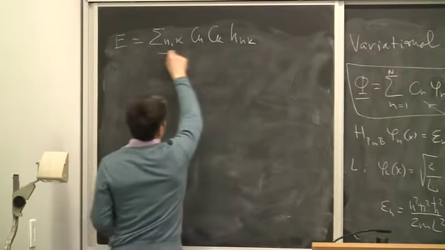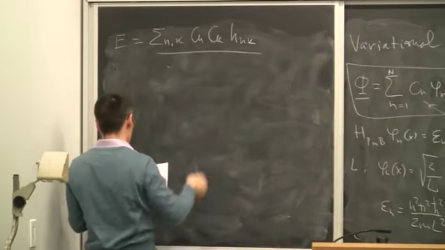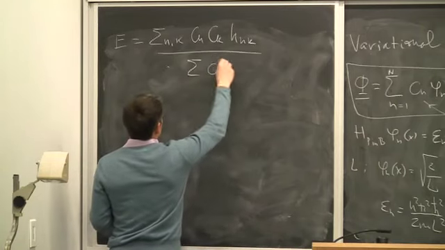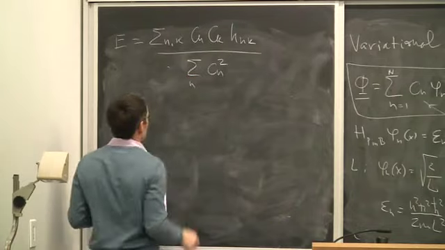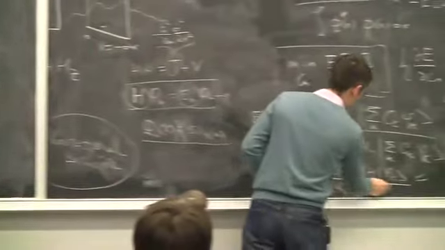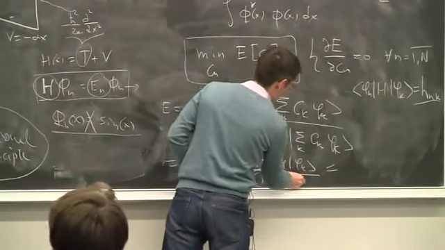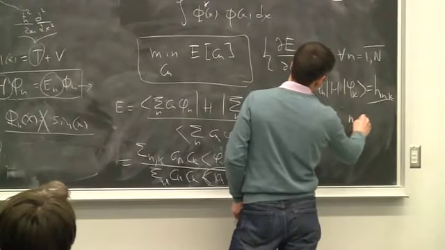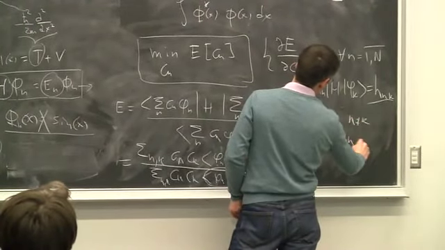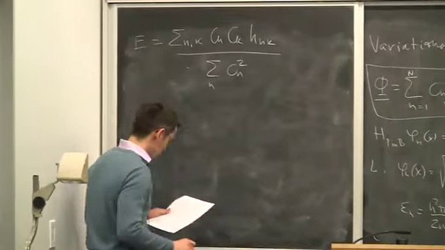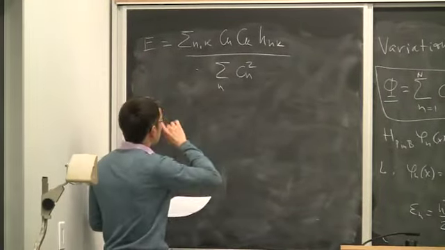These matrix elements are constants, so they do not depend on coefficients. And in the denominator, we have the sum of Cn squared. Because, as was pointed out, this integral here is either 0 or 1. It's 0 when n and k are different, and when n and k are the same, then it's 1. That's why it removes the second summation, and leaves it like this.